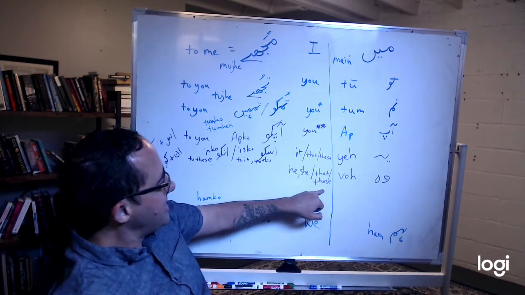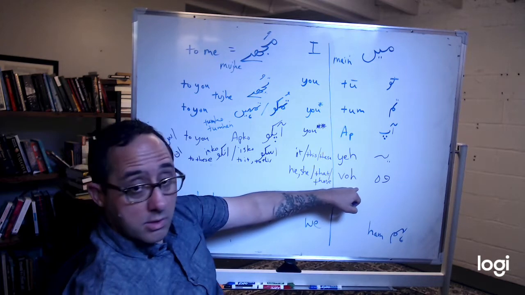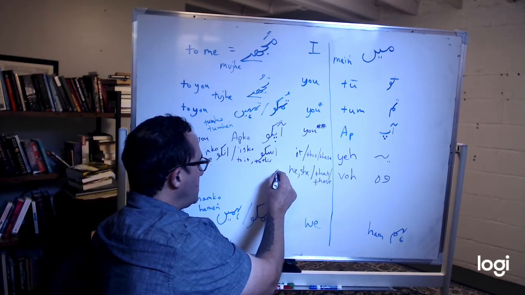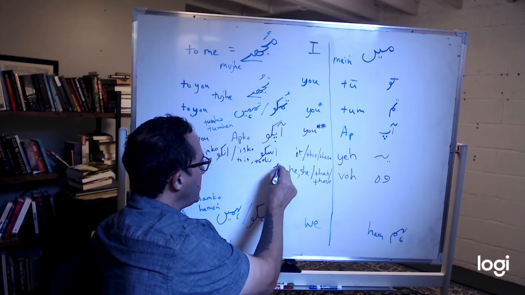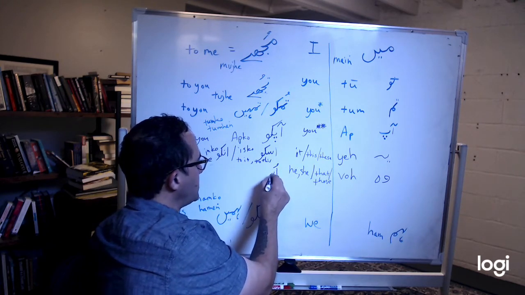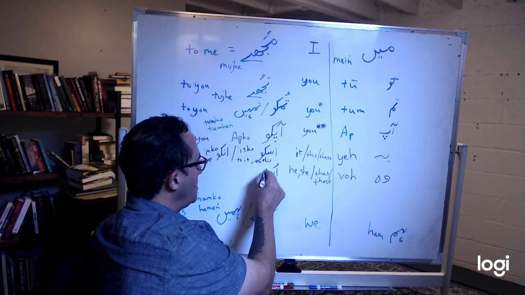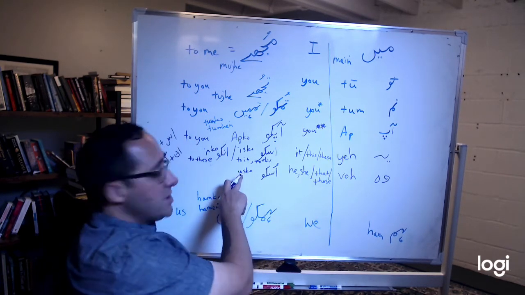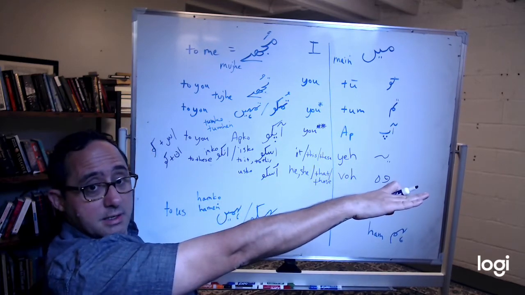Okay? He, she, that, those: vo, or usko. I'm going to put this swoosh. Usko. When you see us, that means far away.